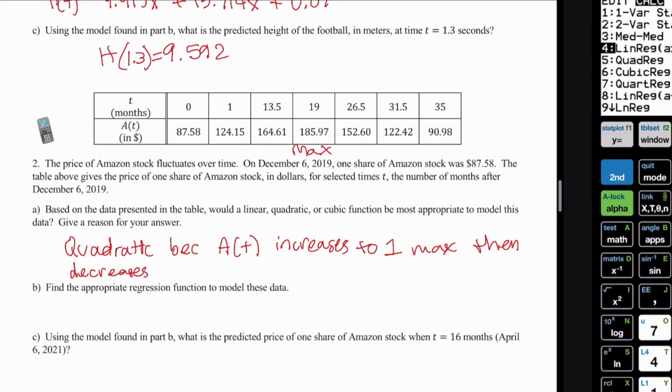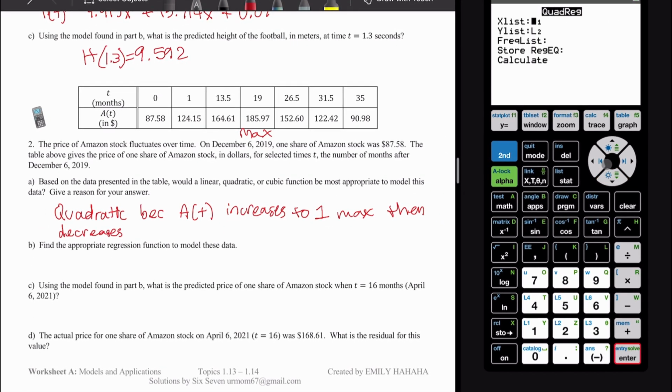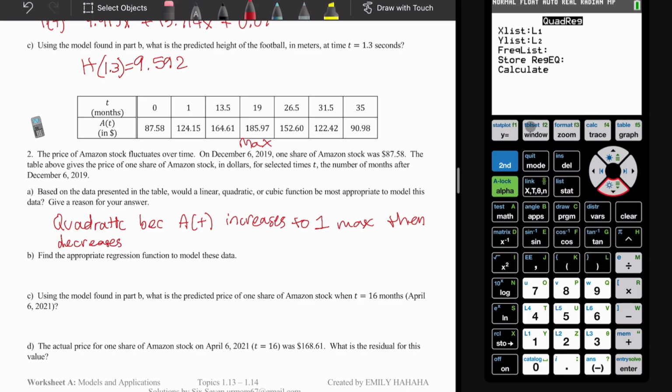Okay, so go down to number 5, quadratic regression, click enter. We can store it with alpha trace, with y2 if we want, if we want to keep the y1 just in case we get asked another question about it. You can click y is equal to go back to see each equation, but it honestly doesn't really matter, I'm just going to use y2.